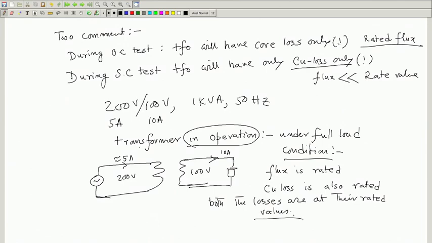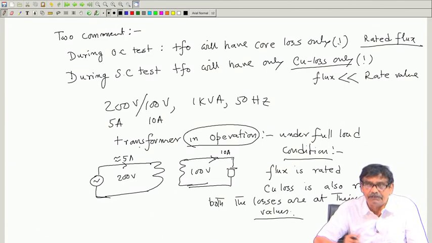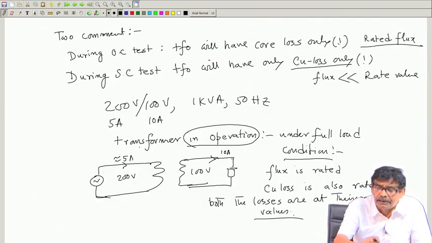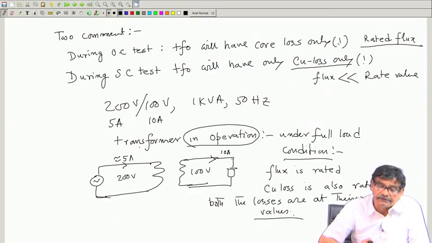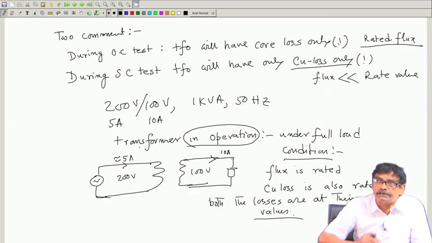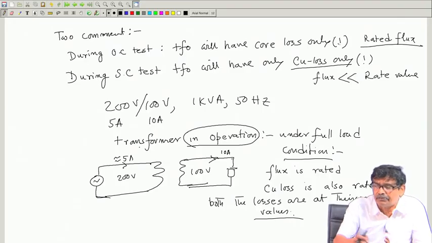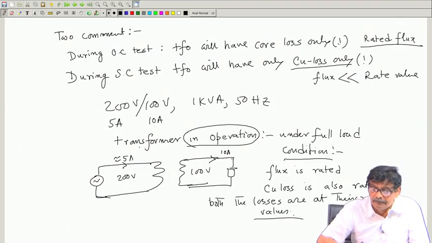So, if I ask you a simple question, in open circuit test, there is power loss, so temperature will rise. There will be some temperature rise in open circuit test. There will be some temperature rise during short circuit test. You measure them, okay. Maybe 30 degree is the temperature here, some number I am just telling. Here it is suppose 35 degree for copper loss.